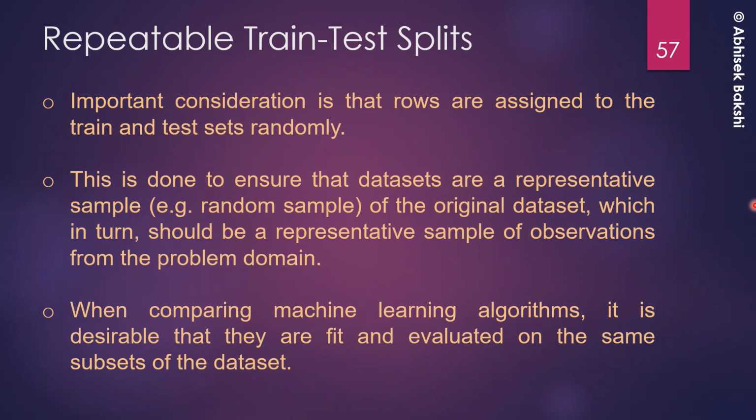This sampling should be a very good representation of the population. First point. If it is not a very good representation of the population, naturally the model will be biased.